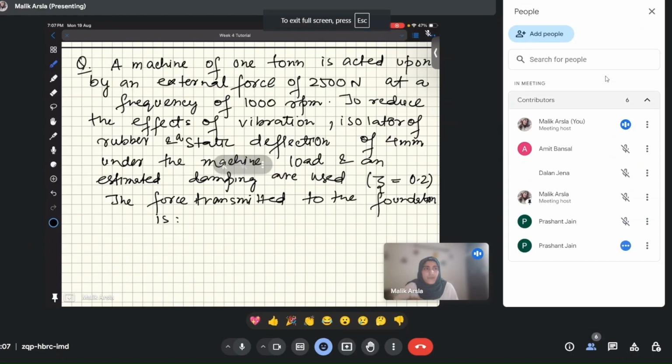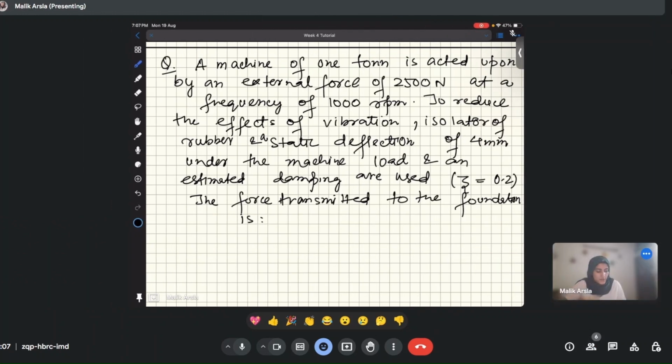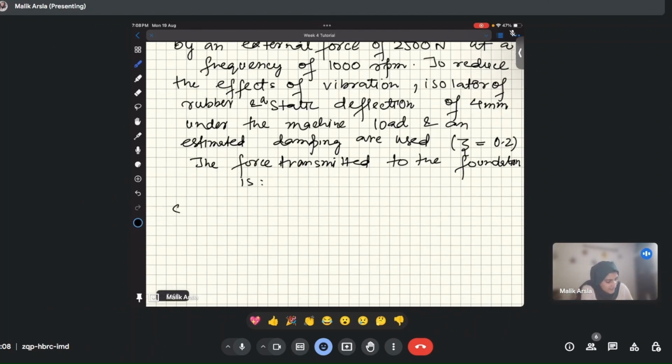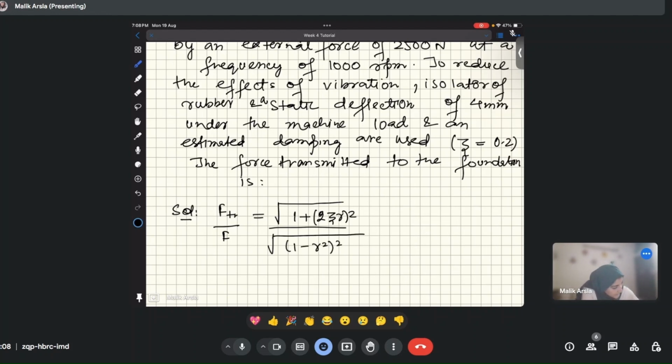So let me now go through the solution, okay? As I said, if we have to find force transmitted, we know that force transmitted upon force applied is equal to under root of 1 plus (2 zeta r) whole square, divided by under root of (1 minus r square) whole square plus (2 zeta r) whole square, right?